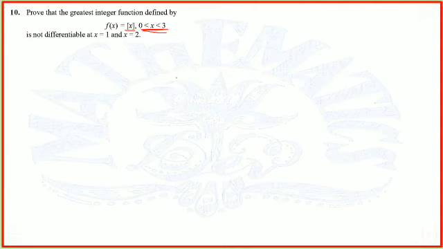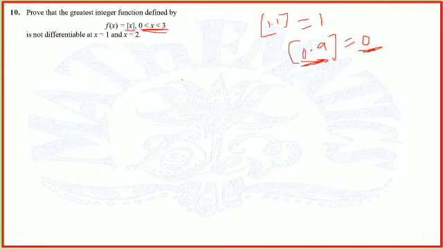It is neither continuous nor differentiable. You should keep this thing in your mind, because when you are writing 1.1, its value under greatest integer function is 1, and when you are writing 0.9, its value under greatest integer function is equal to 0. Less than or equal to that should be its integer. So let us go for the solution of this question.